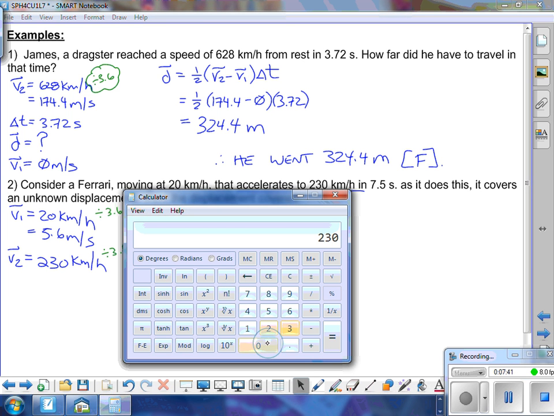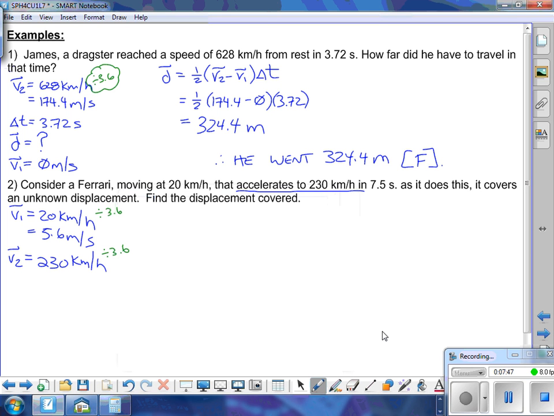So 230 divided by 3.6, 63.9 meters per second. It does it in, gives us a time, 7.5 seconds. Find the displacement. So we are looking for displacement. We're looking for D.